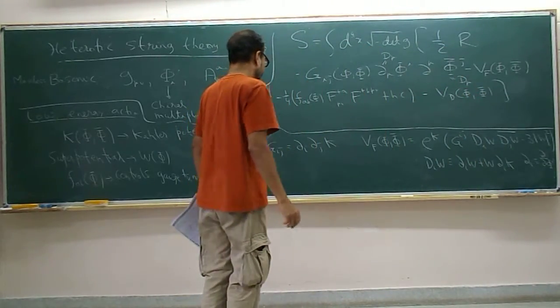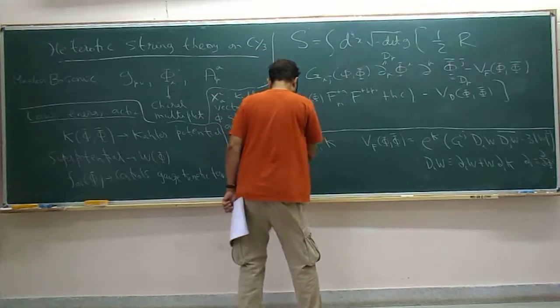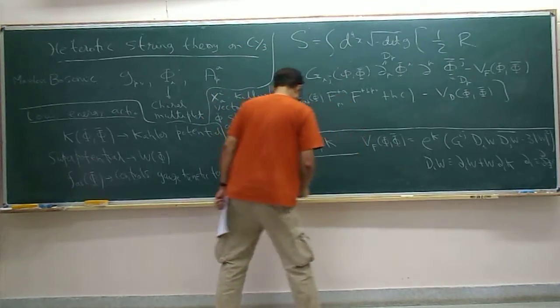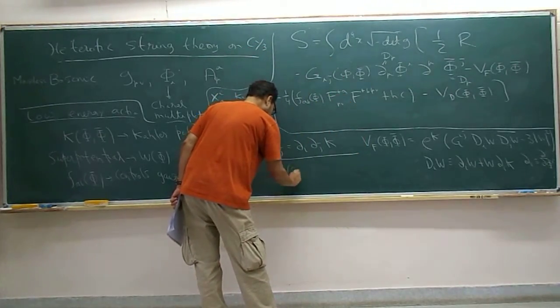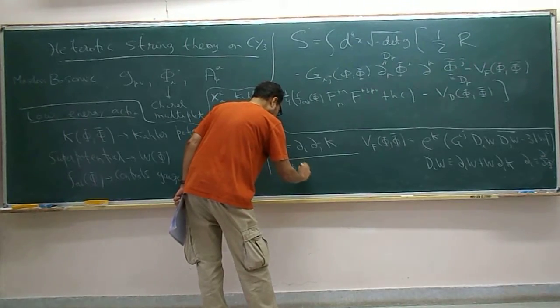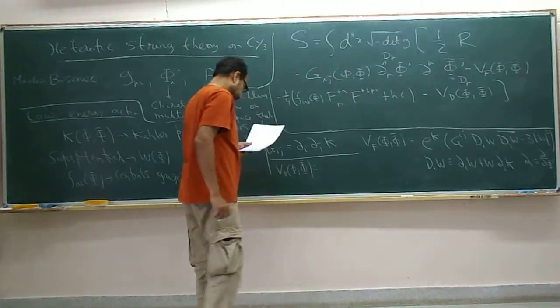So I have to just write down V_D and then you are done. The D term potential. So V_D of phi, phi bar is given by the following.